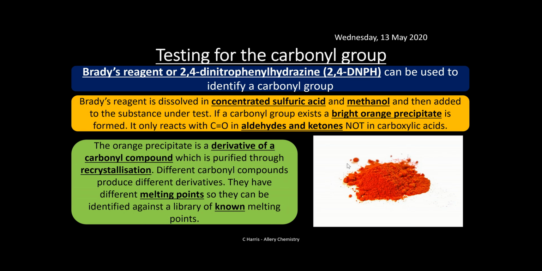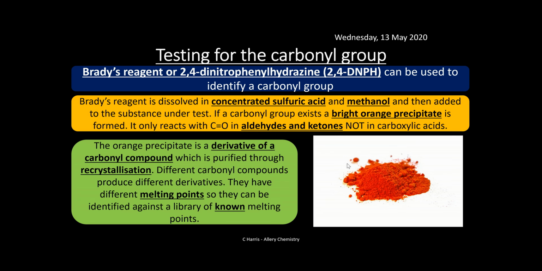So the orange precipitate that we form is a derivative of the carbonyl compound, which is purified through recrystallization. So we form this powder. Now, depending on the aldehyde or ketone that we've had in there, that could be ethanal or propanal, for example, or butanone, then this is obviously going to form a different type of orange precipitate.